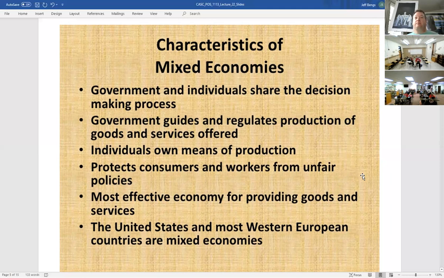Okay. The government will, more on their part, give guidance and regulation to the production of the goods. Individuals own how things are produced, whether it be an individual private business or a private business that has a group of stockholders or shareholders.